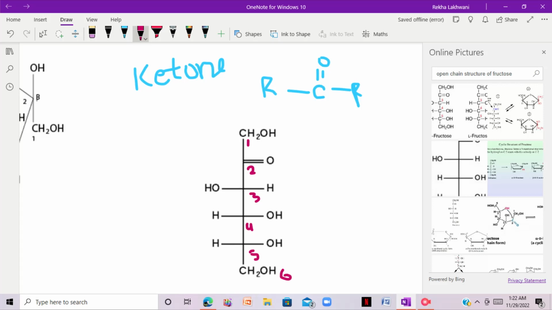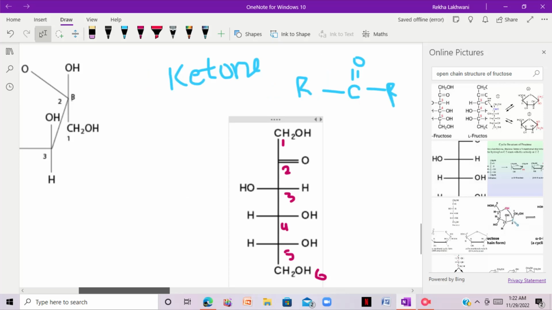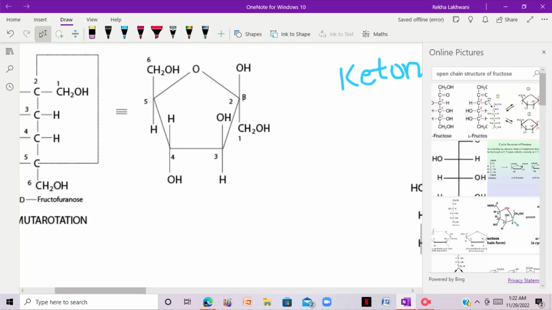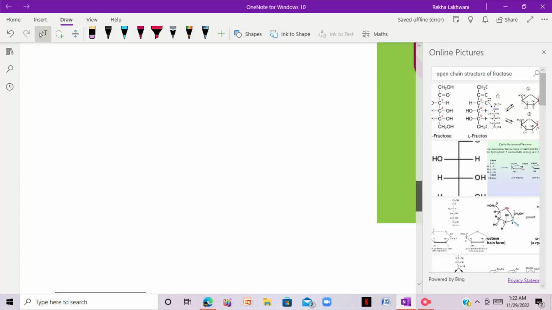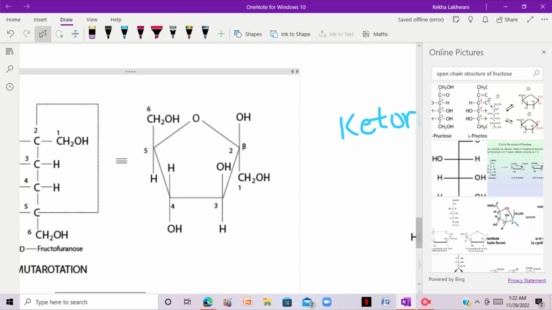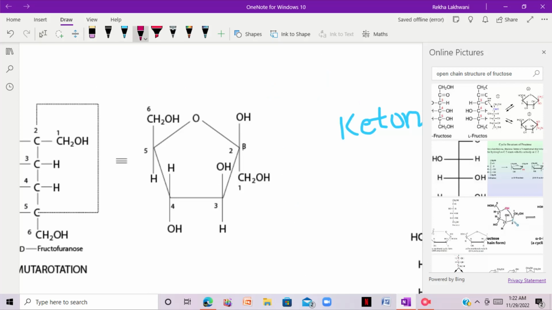There will be 6 OH. OH number 1, OH 2, OH 4, OH 5, and where is one more OH? Basically they have mixed over here, and here an OH will come, right? And then in the furanose sugar there will be 6 OH, while in glucose there will be 5 OH.